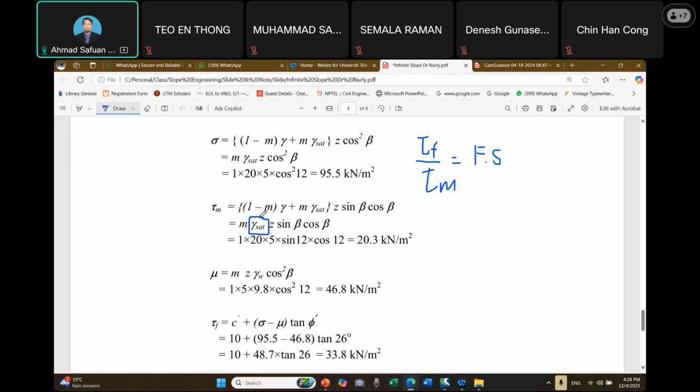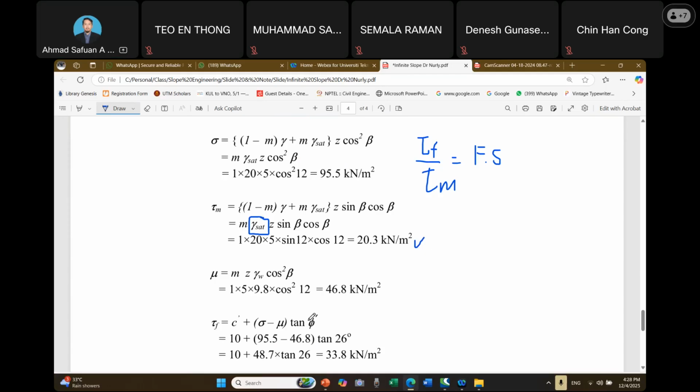So m times saturated unit weight times z. Z is 5 meter, sin beta 12, cos beta 12. So then you obtain 20.3. So that is for the tau n.